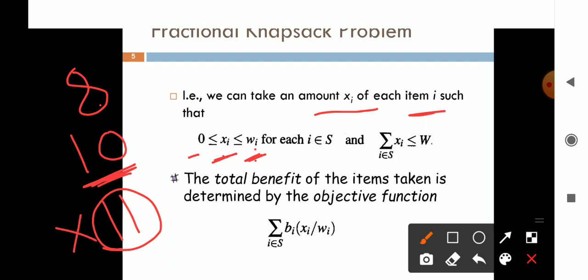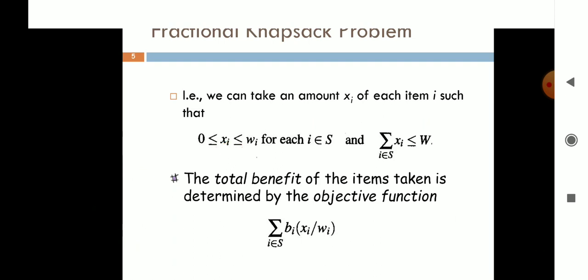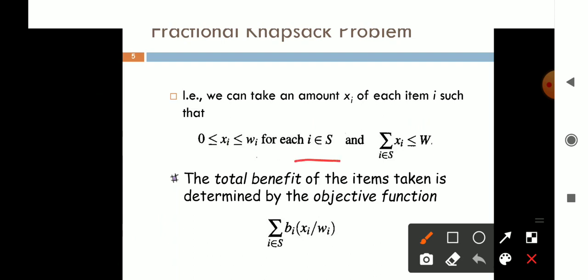So xi should be less than or equal to its original weight. For each i which belongs to S, the set of inputs here, the summation of all xi should be at most W. W is the capacity of your bag, and the total amount of all xi's should not exceed the capacity of your bag.